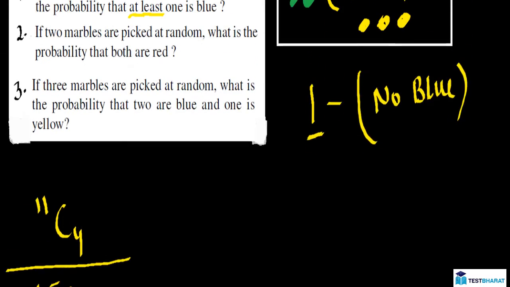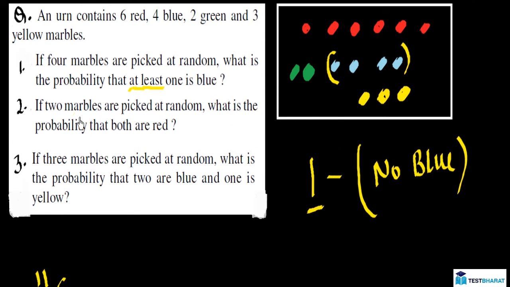But in the question I had to calculate the probability that at least one is blue. If I eliminate all the cases of no blue, then I will get at least one blue, because we have eliminated all the cases in which no marble is blue. The cases which remain have at least one blue, 2 blue, 3 blue, or all 4 blue.